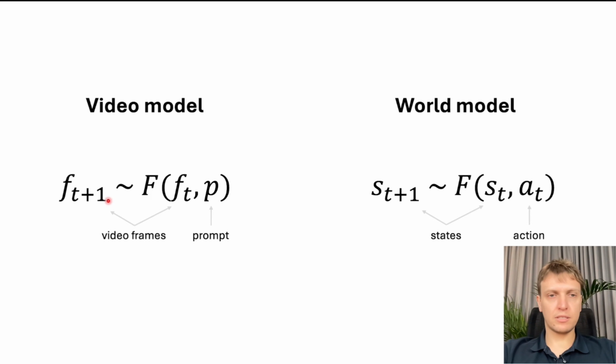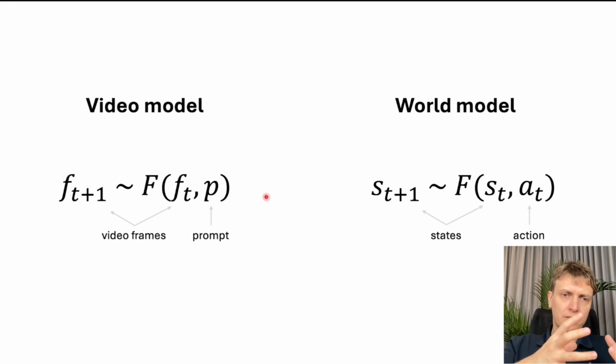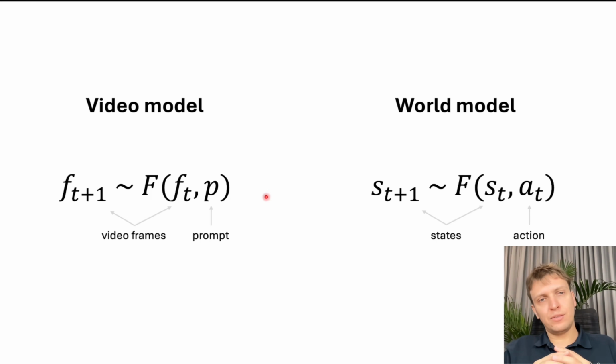Also, of course, in practice, there are some models that also generate audio. Some models can take more than one frame. Some models take the first frame and the last frame as an input. And there are a lot of other variations, but the idea is that you take the current frame or current state, or sometimes don't even take it and take just a prompt, and then you generate some video that's supposed to be realistic.